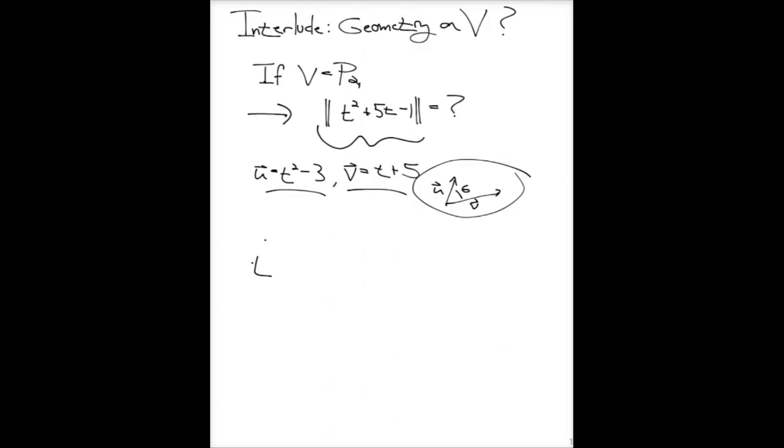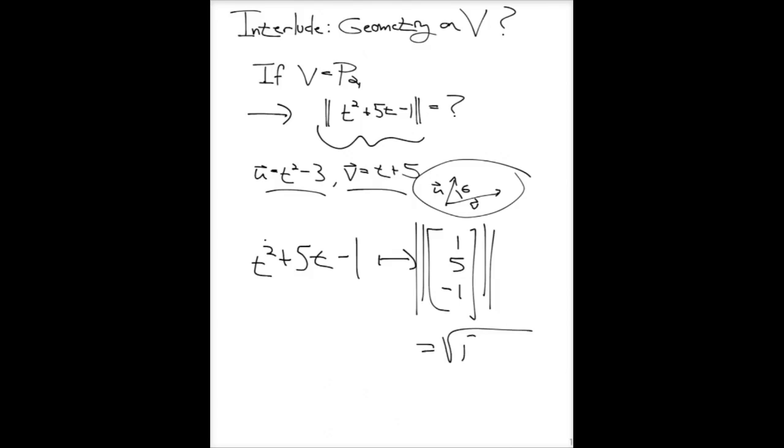Well, remember we can write t squared plus 5t minus 1 as a coordinate vector (1, 5, -1). And now that we've written it as a coordinate vector, we can ask what the magnitude of this thing is. And it's just the square root of 1 squared plus 5 squared plus negative 1 squared.